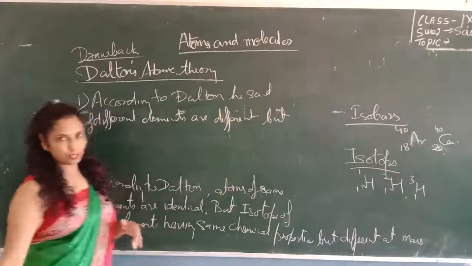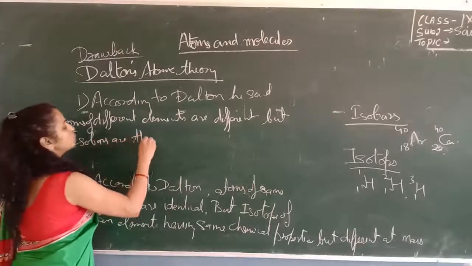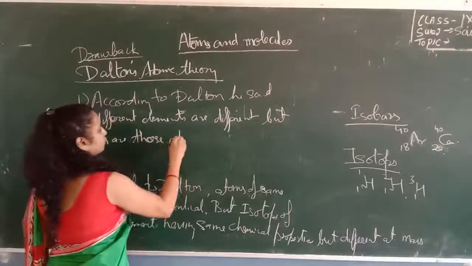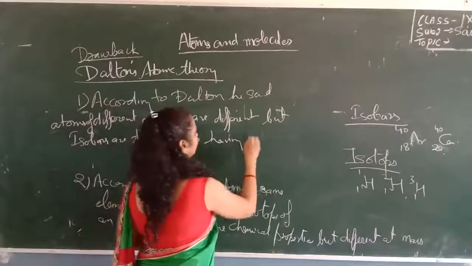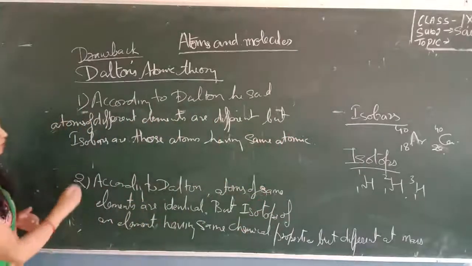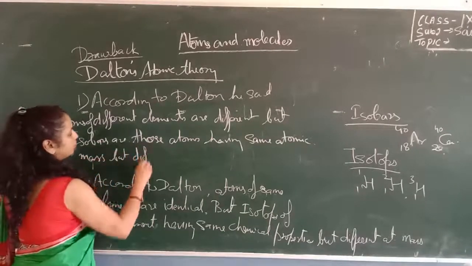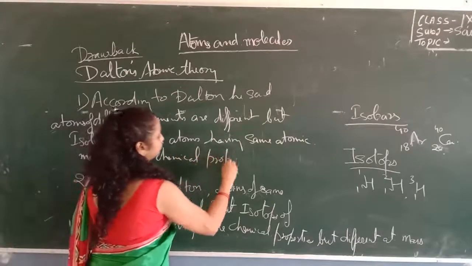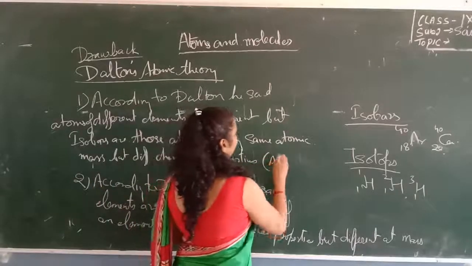But isobars are those atoms having the same mass number, the same atomic mass, but different chemical properties, or we can say different atomic number.